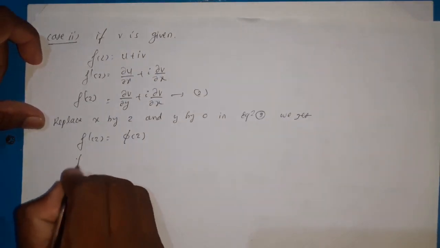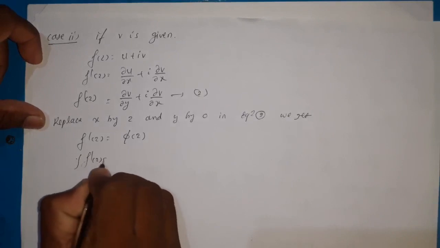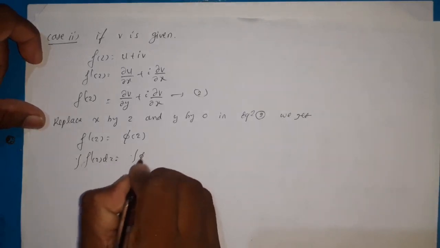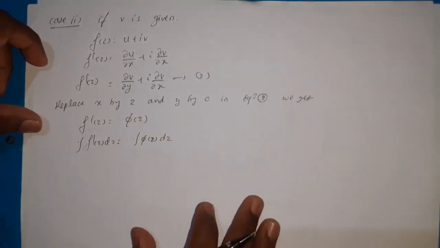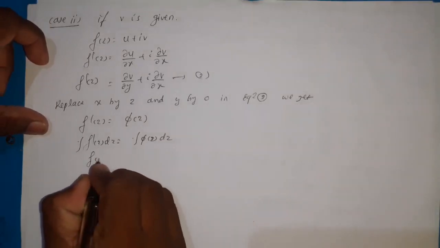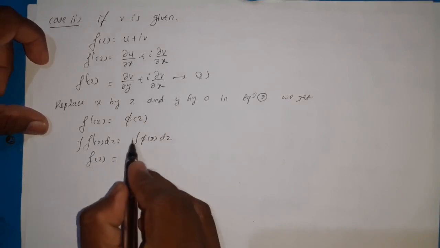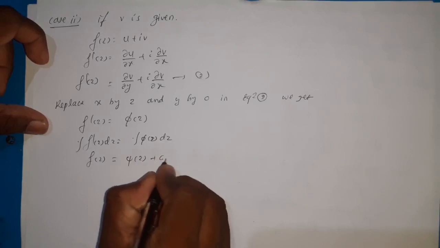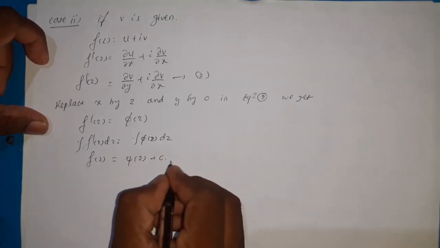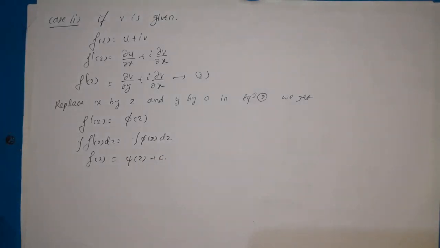Now integrating on both sides, integration of f dash of z dz equal to integration of phi of z dz. So here it is equal to f of z, and integration of phi of z can be written as psi of z plus c, which is the required analytic function.